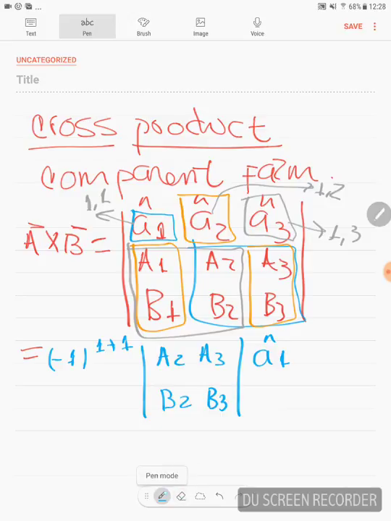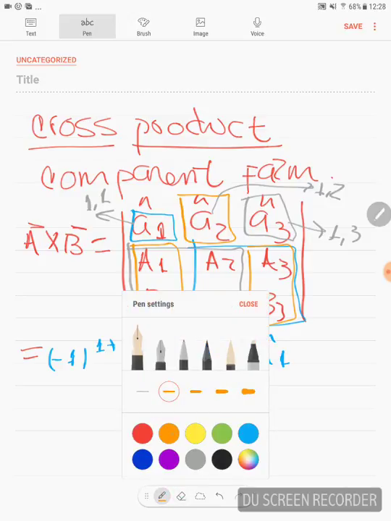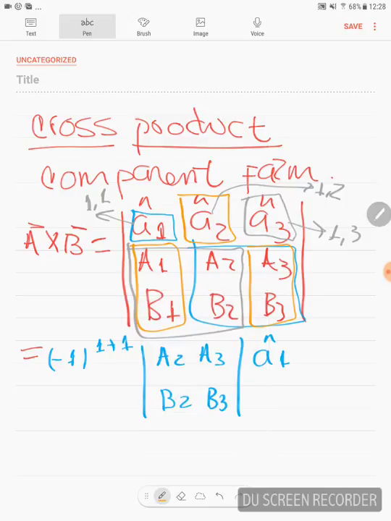Now, let's do it in orange for the second term. Actually, I don't remember properly what the minor would be, formally, but I think it's this: the minors of a determinant are the subdeterminants that arise when you eliminate a column and a row.